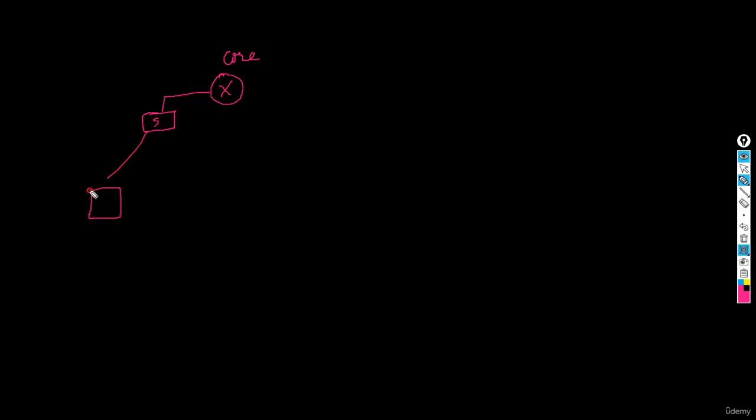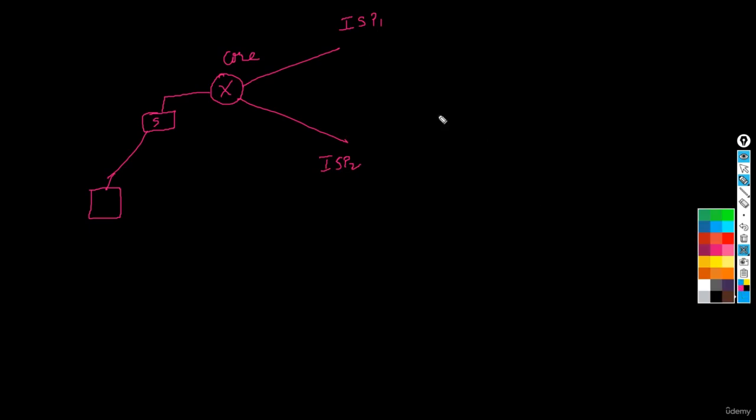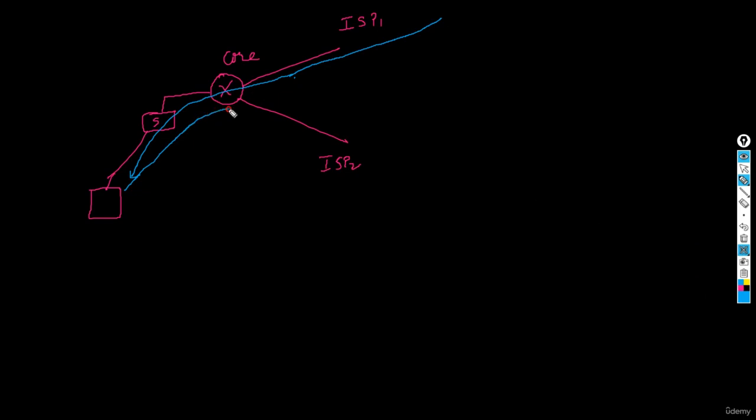Imagine this is one server, and imagine you have two ISPs. This is ISP 1 and you have another, ISP 2. If you want to manipulate traffic, you say whatever traffic is coming into this server comes from ISP 1, but whatever traffic is leaving should go through ISP 2.